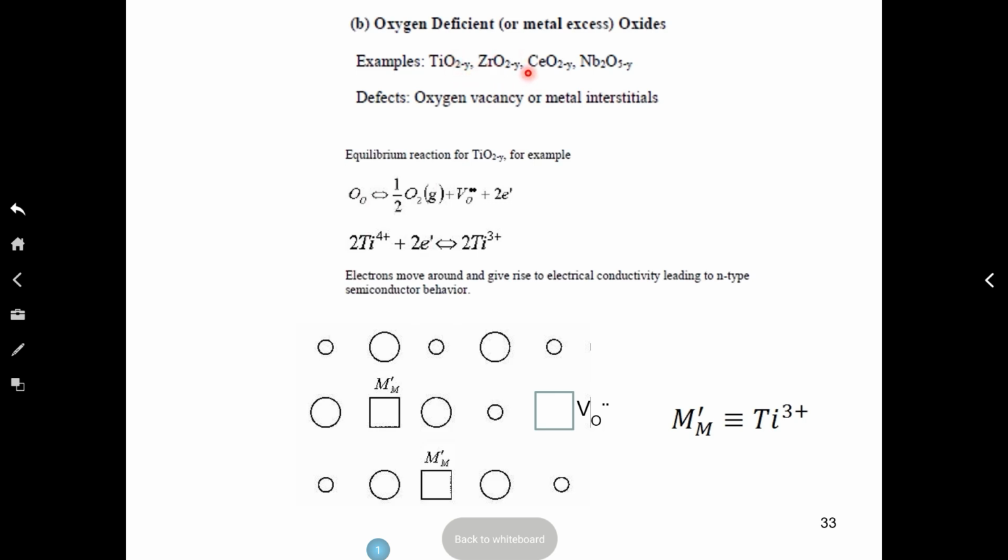Things like TiO2, ZrO2, cerium oxide, etc. So in this case, oxygen sitting on an oxygen site in the lattice, in your TiO2, will be interacting with the environment, so it will actually leave the lattice to create an oxygen vacancy, and it will become half a molecule of oxygen gas phase, and it's just compensated by electrons.